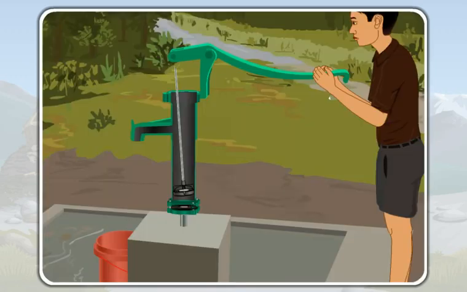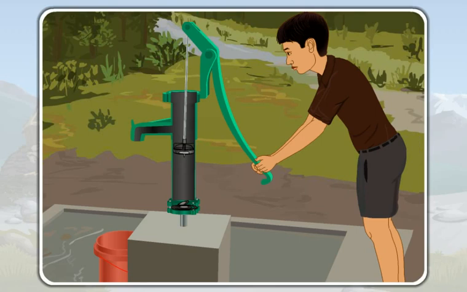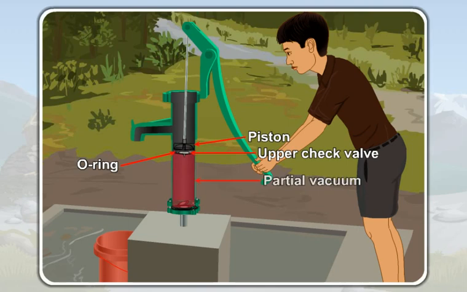When we press down the handle of the pump, the piston along with the O-ring and the upper check valve move up. When the piston moves up, the air pressure below the piston decreases or a partial vacuum is created.